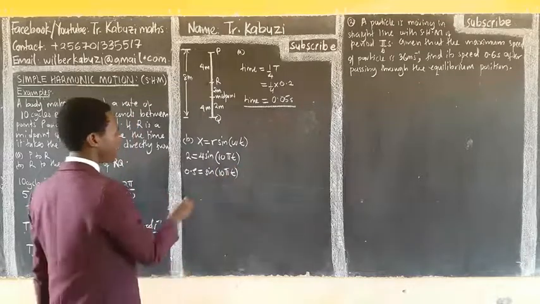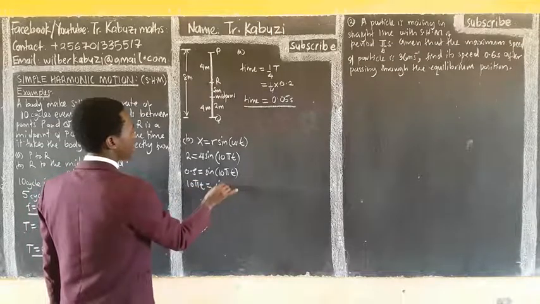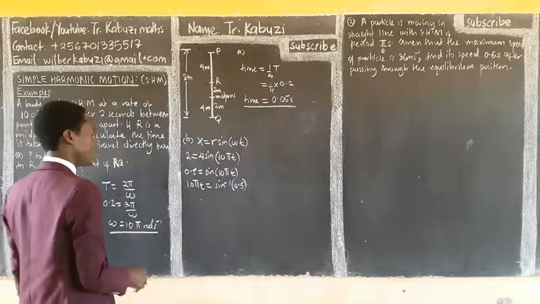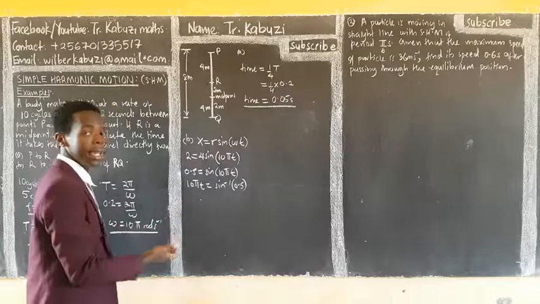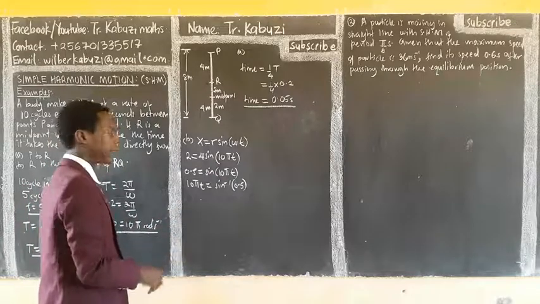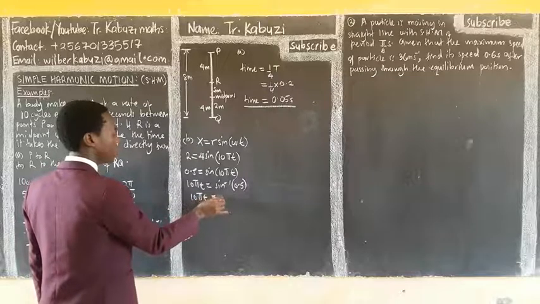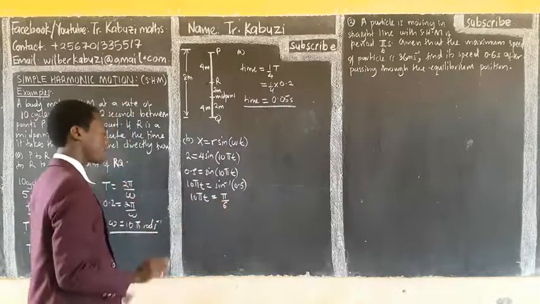If you get the inverse, our 10 pi t is going to be sine inverse of 0.5, which we all know is going to be 30. Convert it now to radians. So we have 10 pi t equal to 30, which is pi over 6.